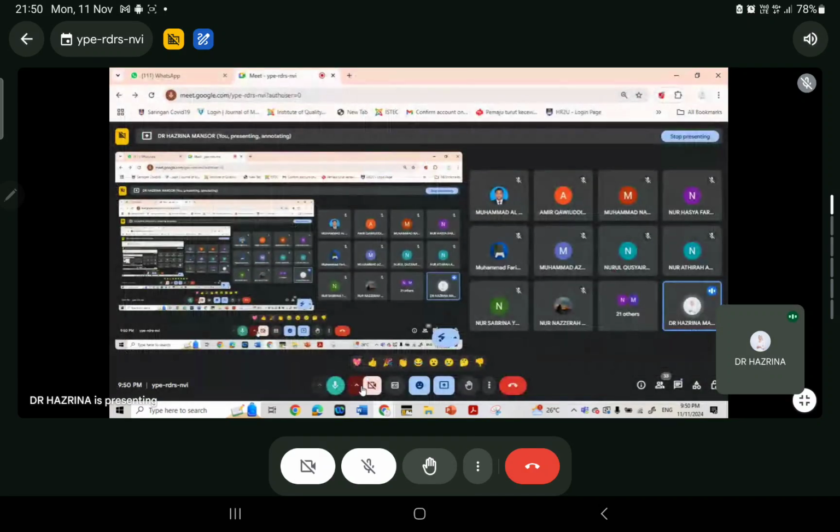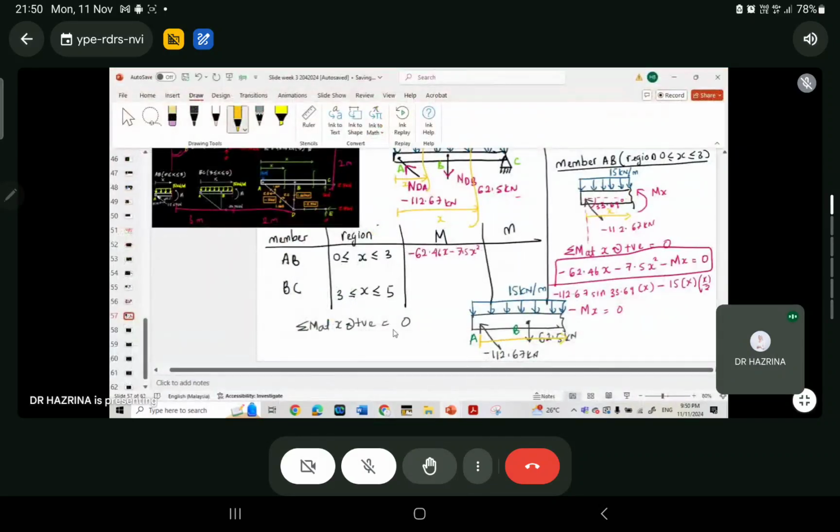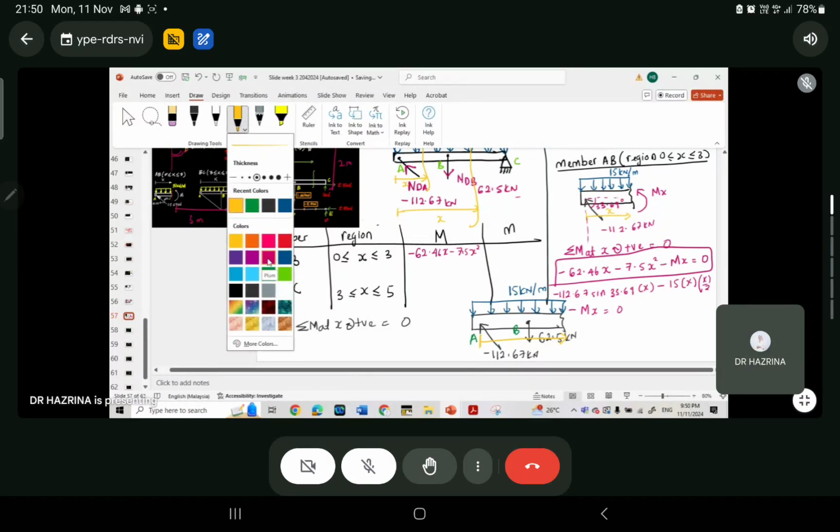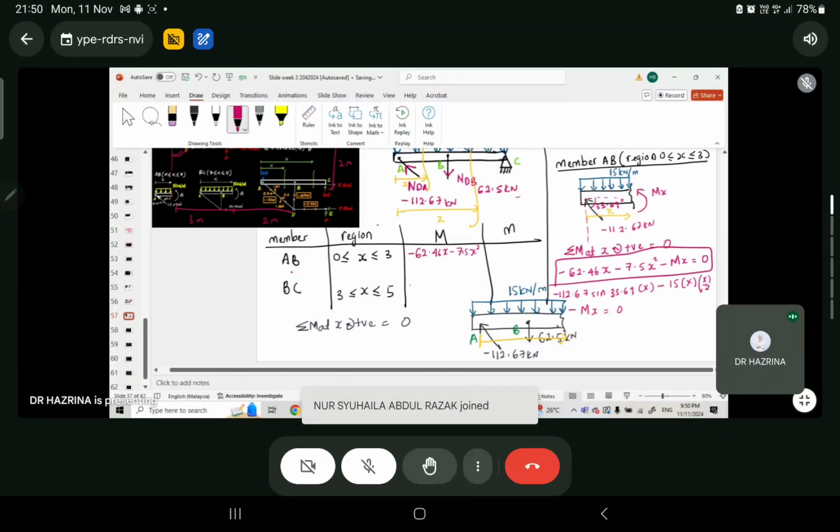Dah siap ke? Siapa? Sabrina? What is the solution, Sabrina? Bacakan equation. 187.5 tolak 125x. Ini je.